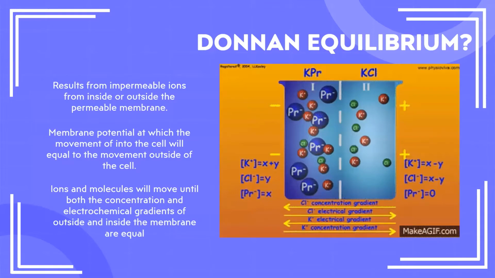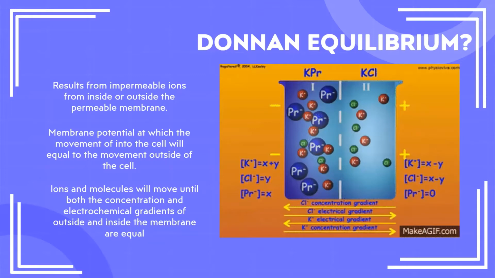The cation would be pulled in by both concentration and electrical gradient, and the anion will be pulled by the concentration gradient and repelled by the electrical gradient, if a high concentration of certain cation and anion is placed outside the cell. This continues until an equilibrium is achieved where both sides of the membrane become electrically neutral. This is what we call Donnan equilibrium or Gibbs-Donnan equilibrium.